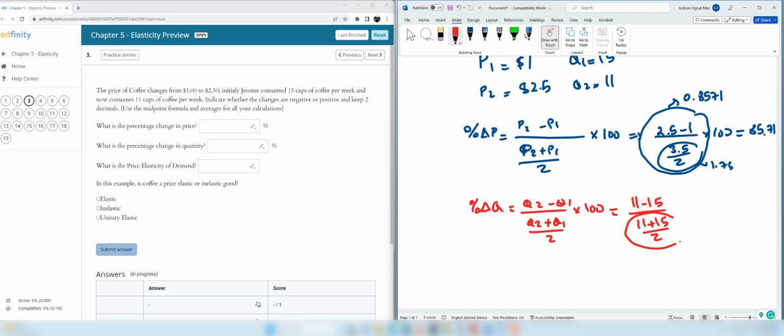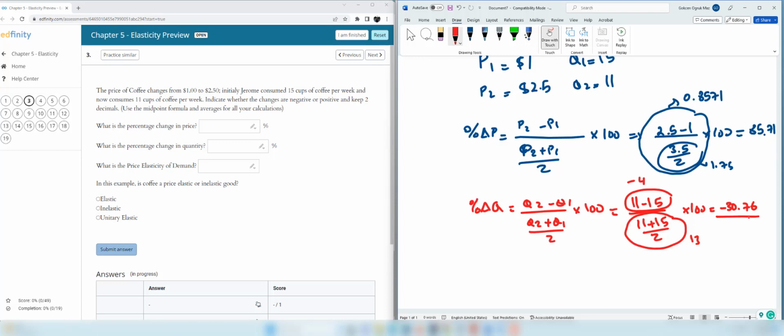Let's calculate this part first. 26 divided by 2 is 13. And here is negative 4. So we need to find negative 4 divided by 13, times 100, which is equal to negative 30.76. That's the percentage.